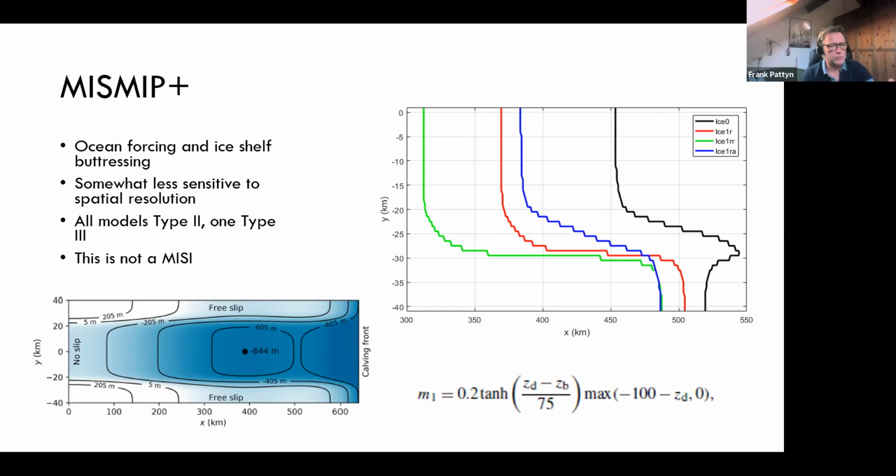From there you either stop the melting, and then the grounding line should advance and get stable again, or you continue to melt and you continue to retreat. So it means that the buttressing is sufficiently important to create a new steady state in the absence of forcing.